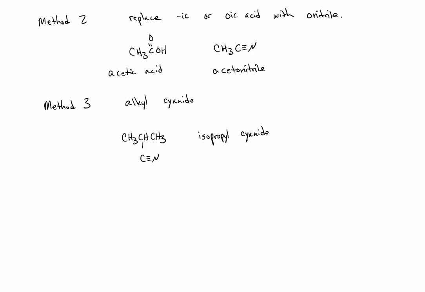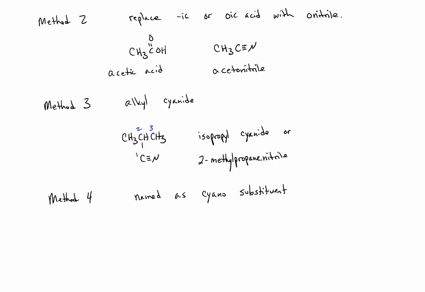Of course, we've already seen method 1 as an option, in which we name this as a hydrocarbon nitrile. So this would be 2-methylpropanenitrile. So either one of those names would be fine for this molecule.